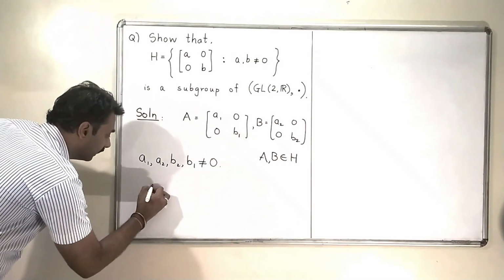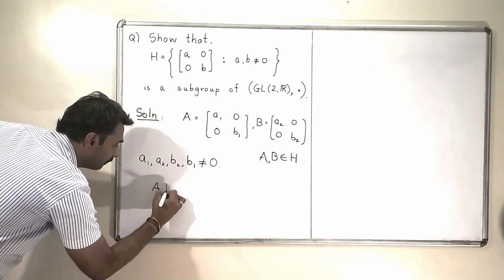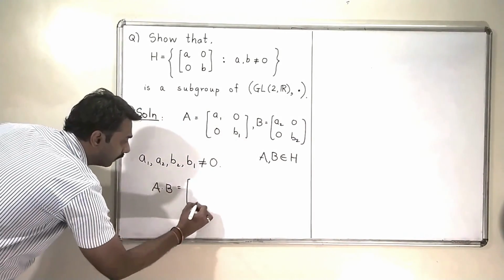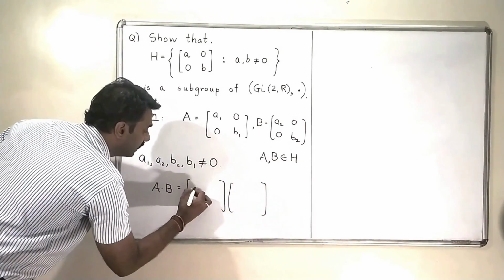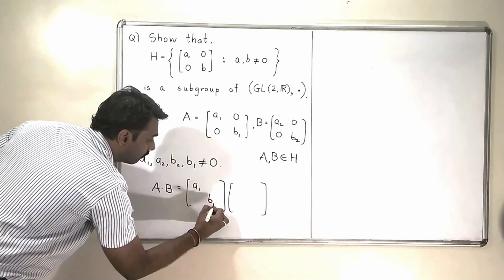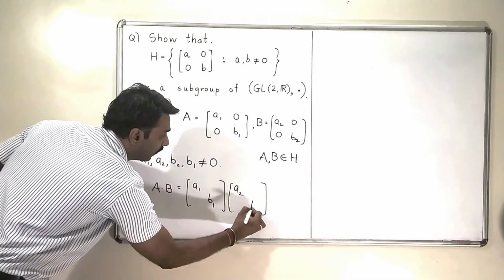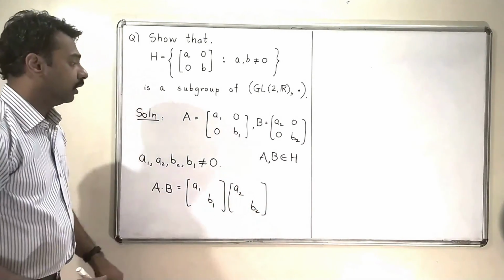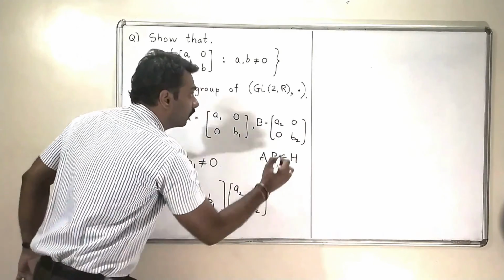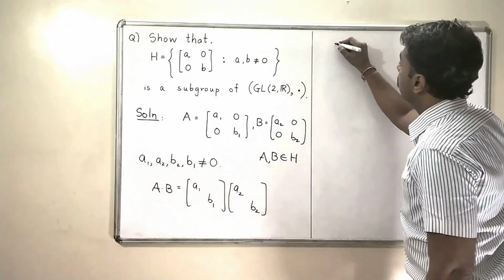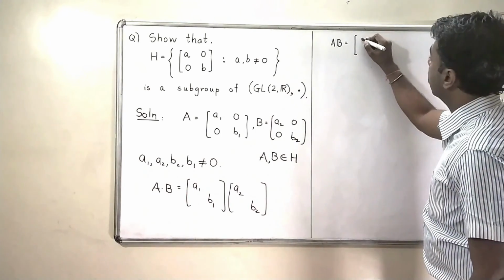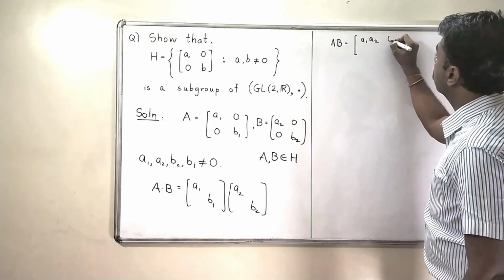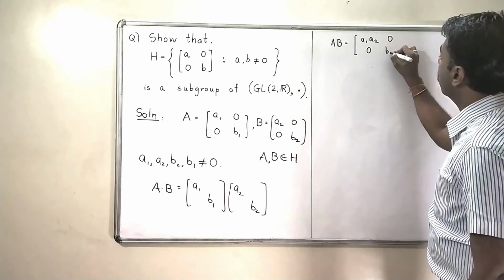Now we will multiply them. When I multiply two diagonal matrices, the entries on the diagonal multiply each other, and the rest is 0. So what is the product of these two matrices? The product AB will be equal to A1 A2 0 0 and B1 B2.